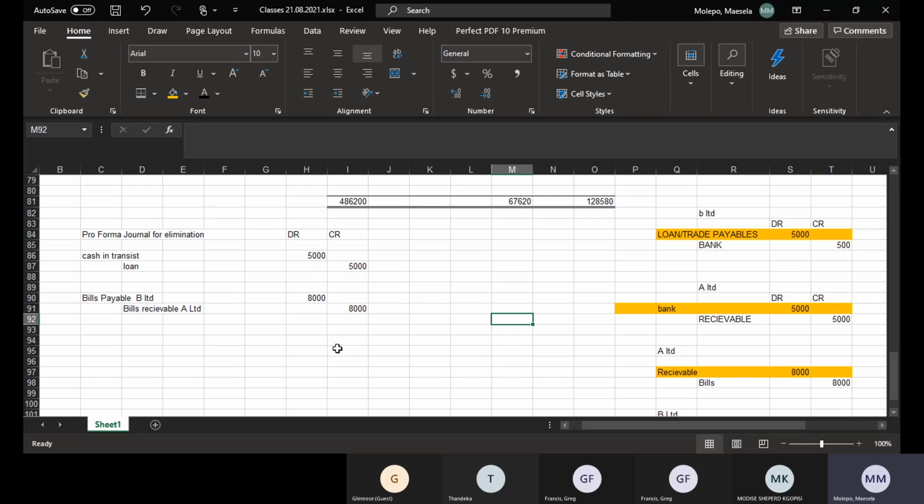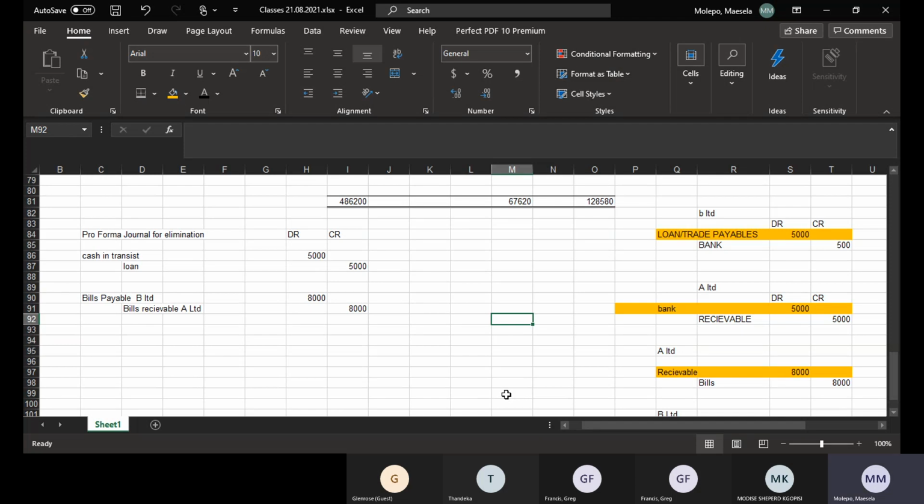Since we are the group, that 2,000 must be got from the outside public as our trade and other payables. So we have to make a provision of our trade and other payables, increasing it by 2,000. Tandeka, are you sorted now? Yes, sorted. Thank you, Mr. Miller.